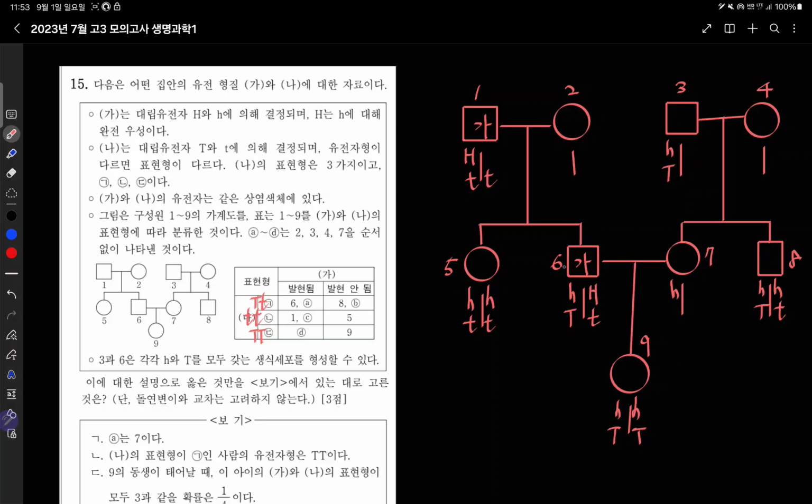And number 6 has this chromosome with a lowercase h and capital T allele. That should come from individual number 2, because he receives the other chromosome from his father.